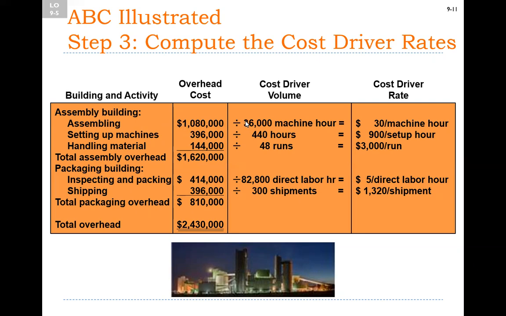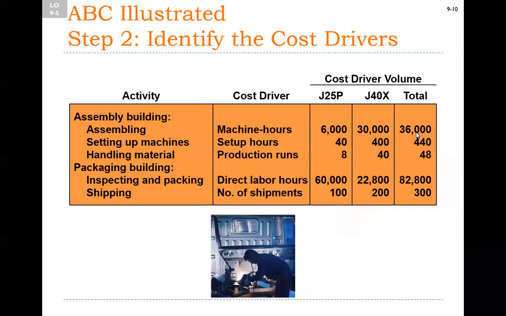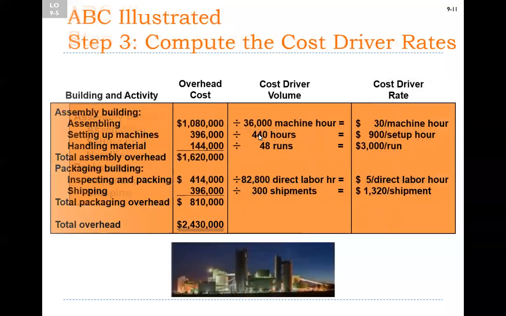Then we divide that by the total for our cost drivers, and we were told what the cost drivers were back here. So for assembly, we're going to take that cost and divide it by 36,000. Setting up machines, we're going to divide it by the 440, whatever the cost is. And then we come up with individual rates. So it's sort of like having a predetermined overhead rate for every single activity.